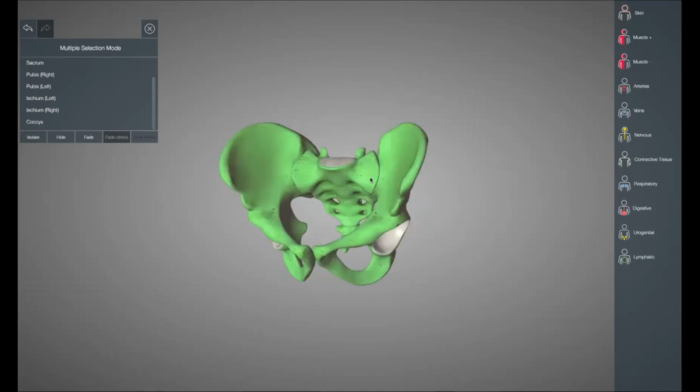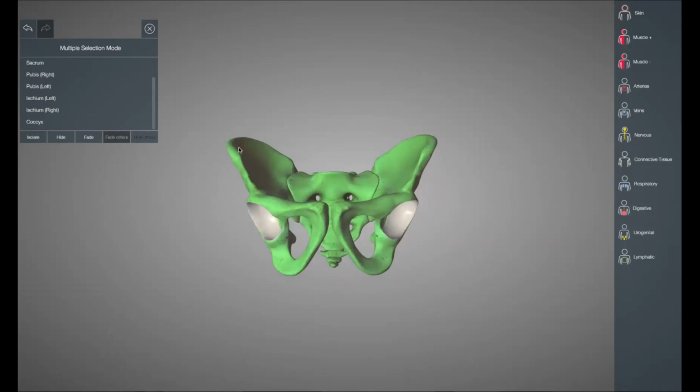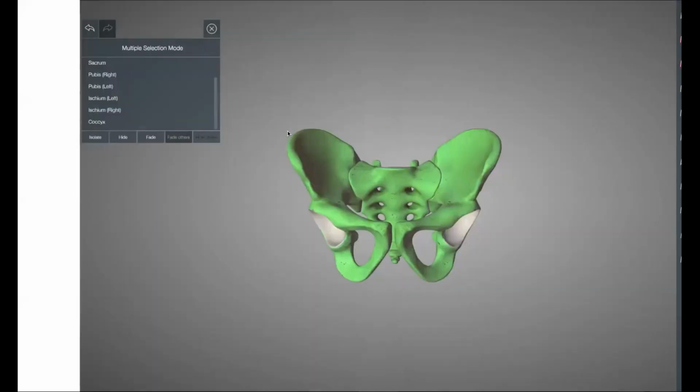The lesser pelvis is contained in this region, and the greater in this region. It's called false because it doesn't have clear borders, but the lesser has very clear borders. The greater pelvis is located superiorly. It provides support of the lower abdominal viscera.